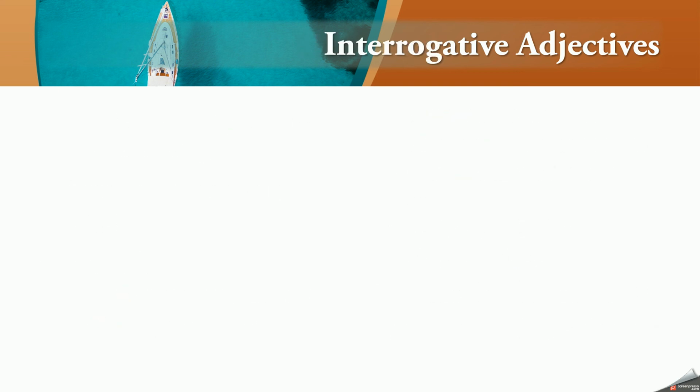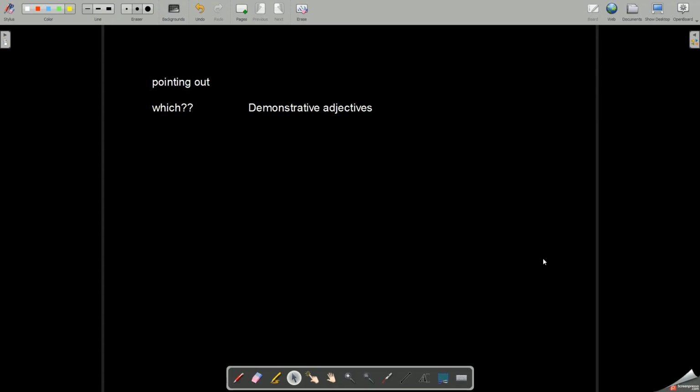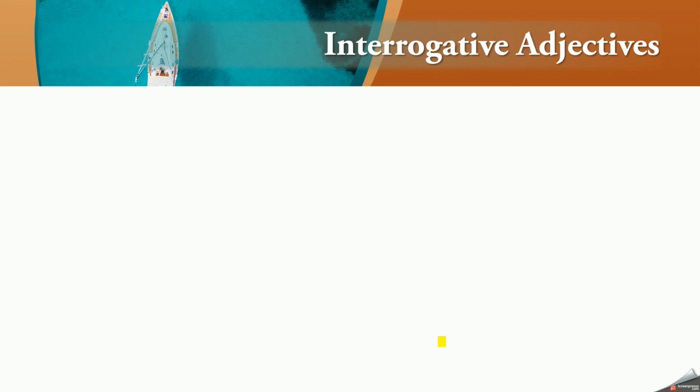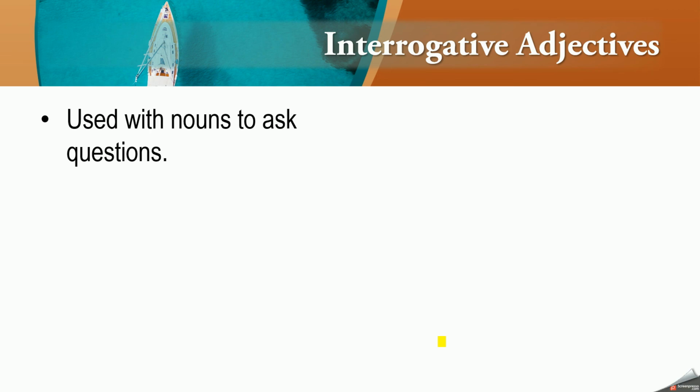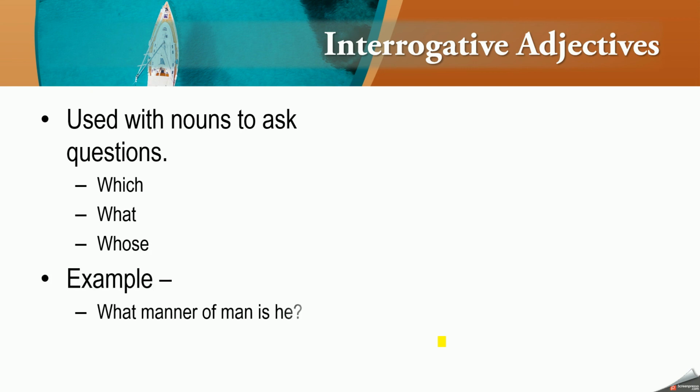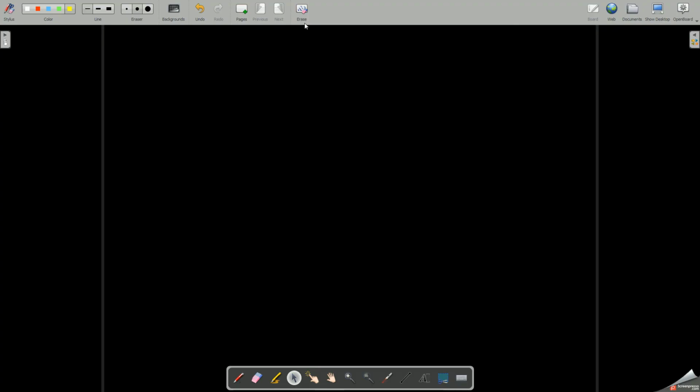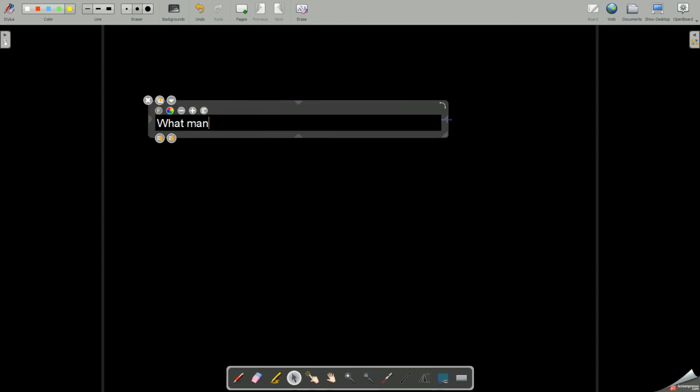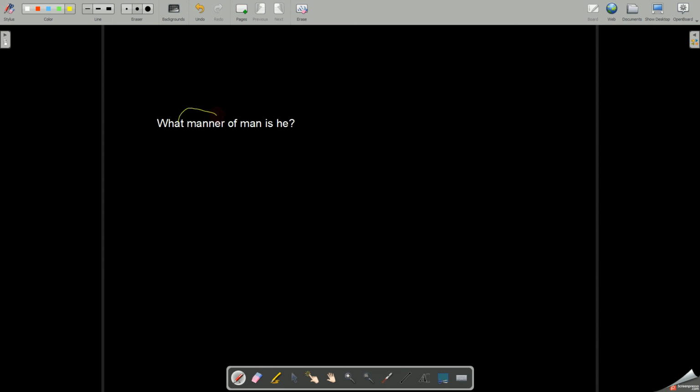Interrogative adjectives. Finally, the adjectives which ask questions. They are used with nouns to ask questions: which, what, whose. They answer the question which, what, whose. So, for example, what manner of man is he? Here the word manner is what?